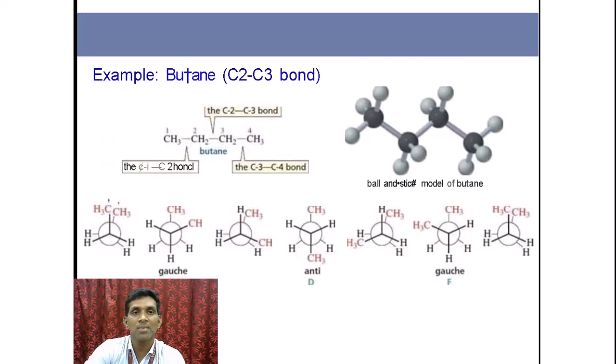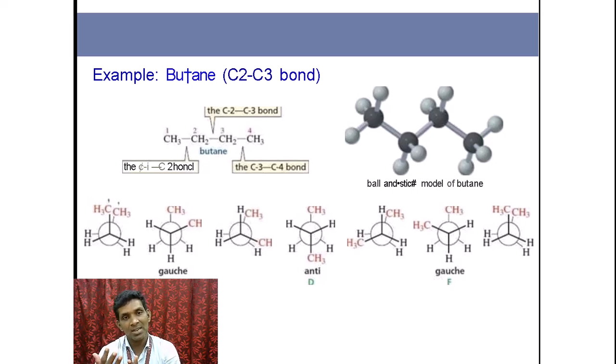And this is a conformation analysis of the butane molecule. If you number the butane molecule, first carbon, second, third, and fourth, I am going to visualize the second carbon and third carbon, the carbon 2 and carbon 3, in the plane of the board. In one structure the CH3 groups are very close to each other, they are eclipsing.